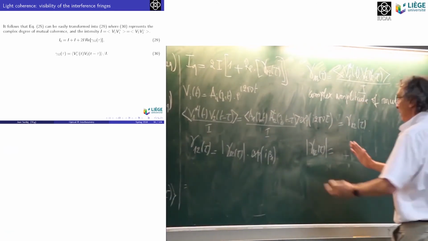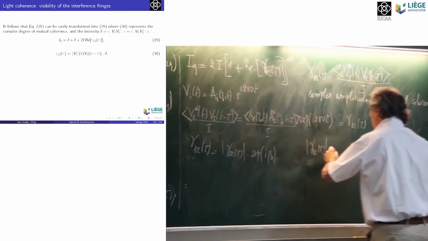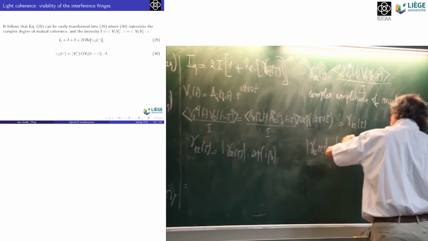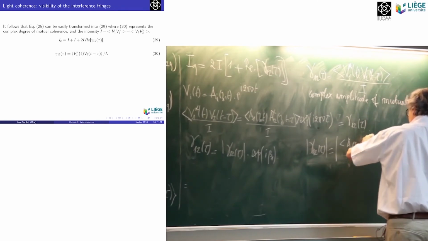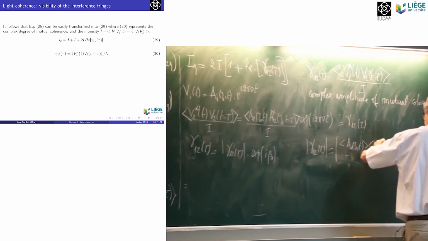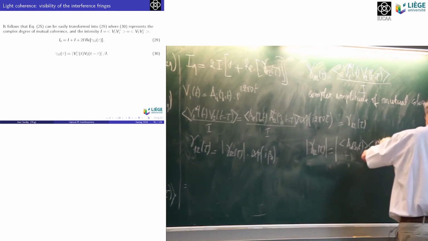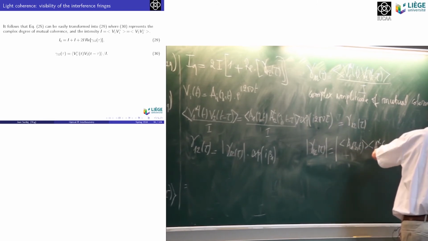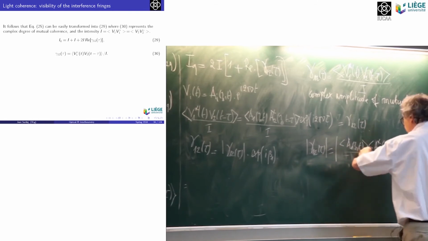It is equal to the module of that, but the module of this is 1, so what will remain is the module of A1 at t, multiplied by A2 at t minus tau, divided by I. You agree?